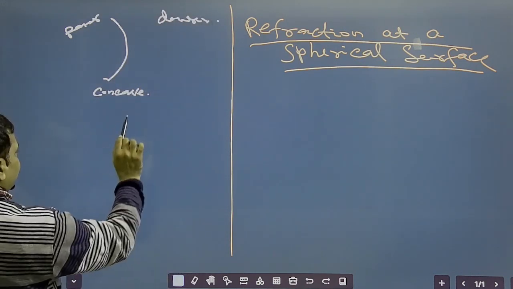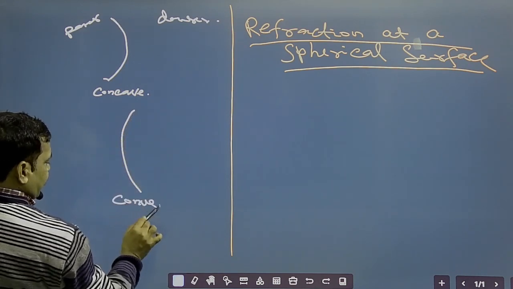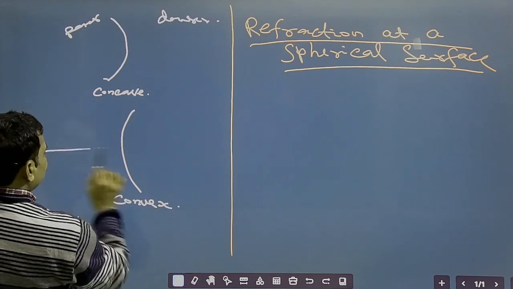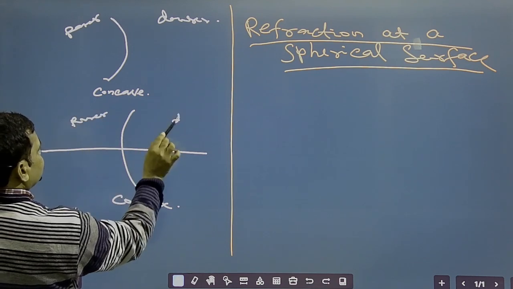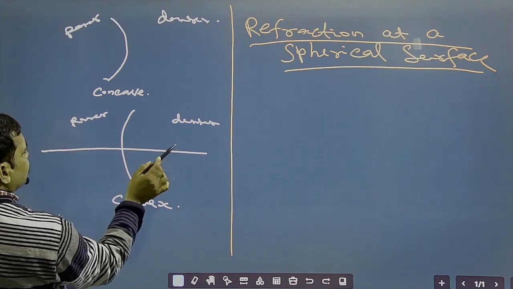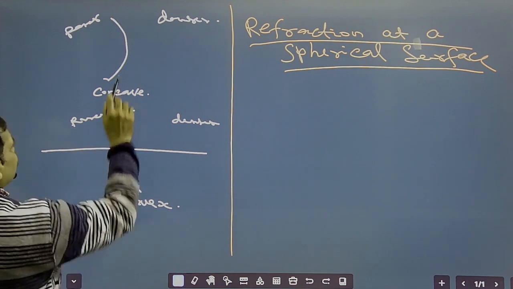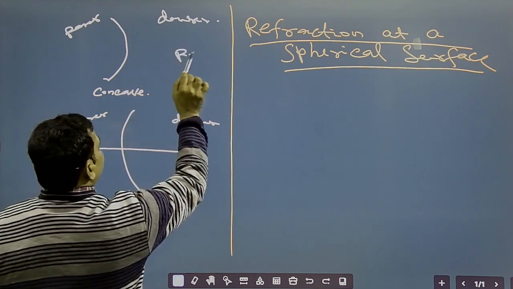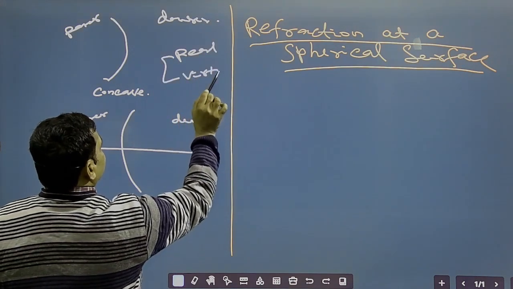Similarly, if you are drawing like this, this surface is a convex surface and this will be a rarer medium and this will be your denser medium. So a light ray can go from rarer to denser or denser to rarer also. The image formed may be a real image or a virtual image, right?